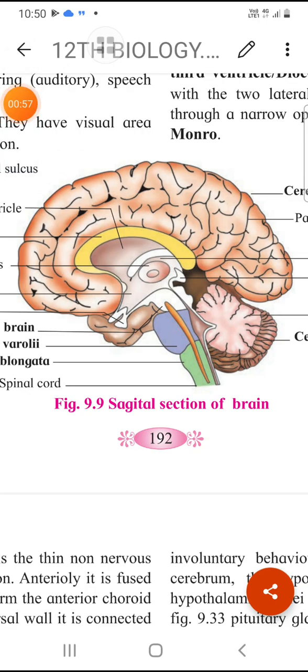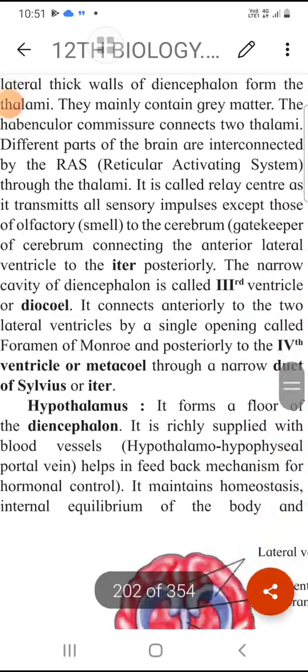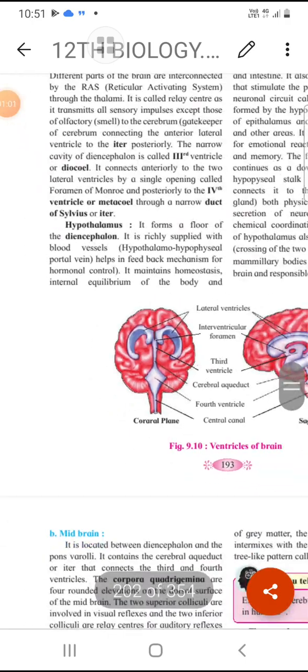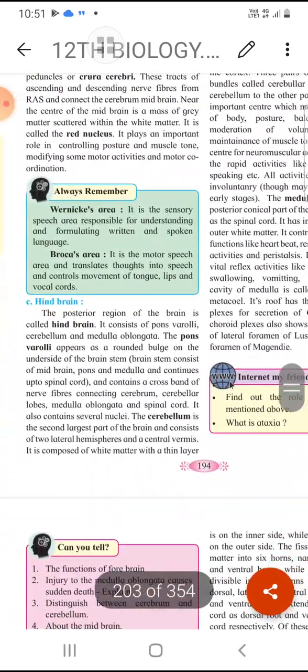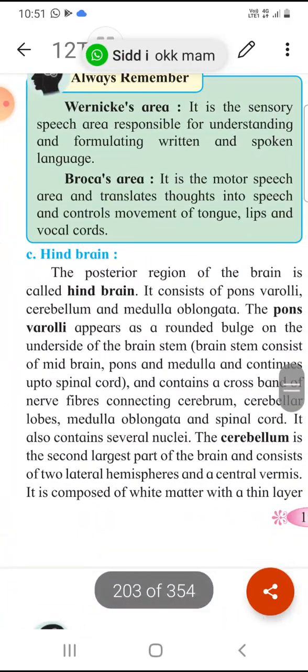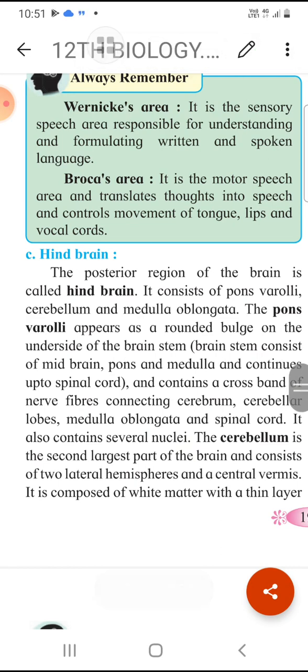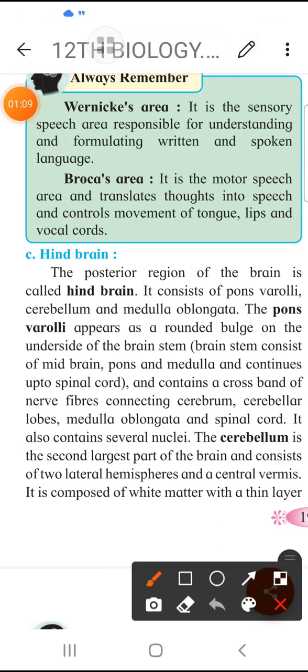So now we go to page number 194. The posterior region, जो brain का निचला हिस्सा है, you call that as hindbrain, which is made out of pons, cerebellum and medulla oblongata.